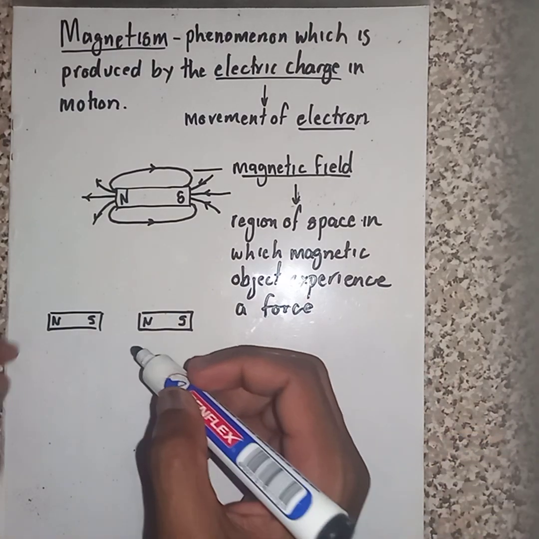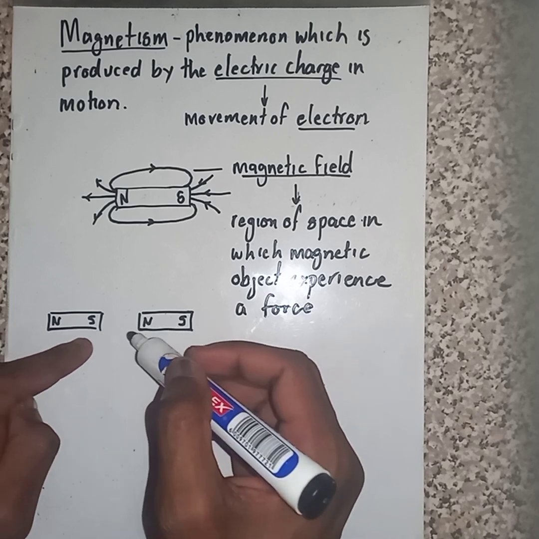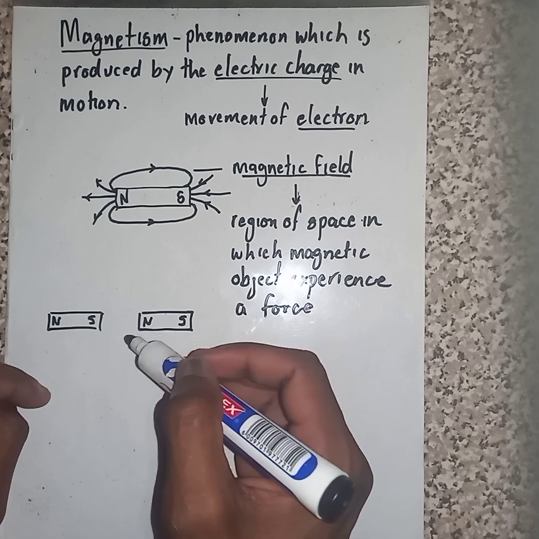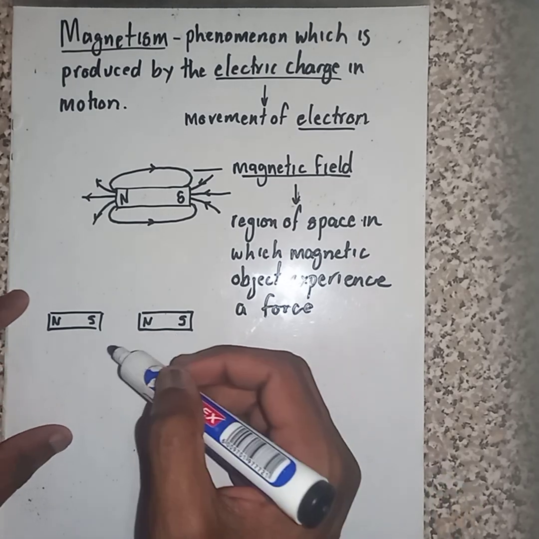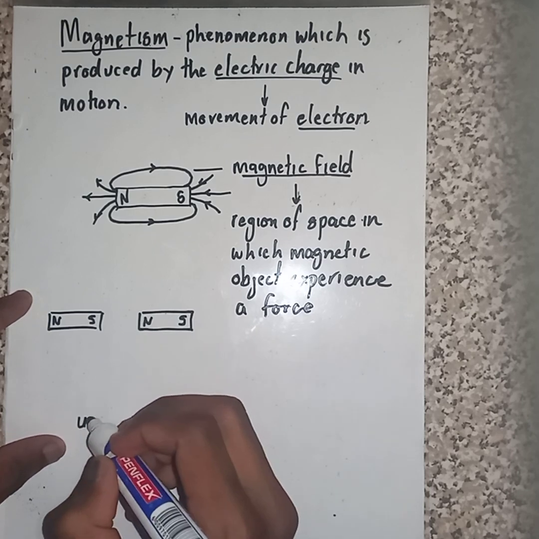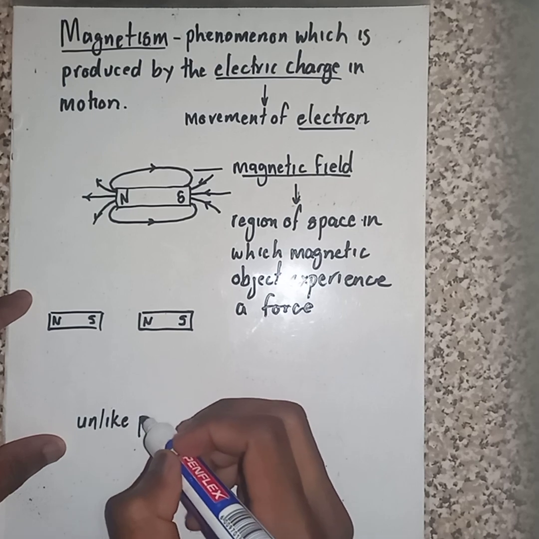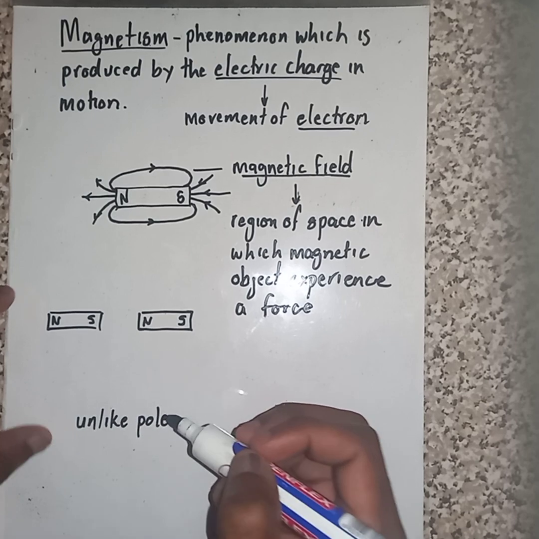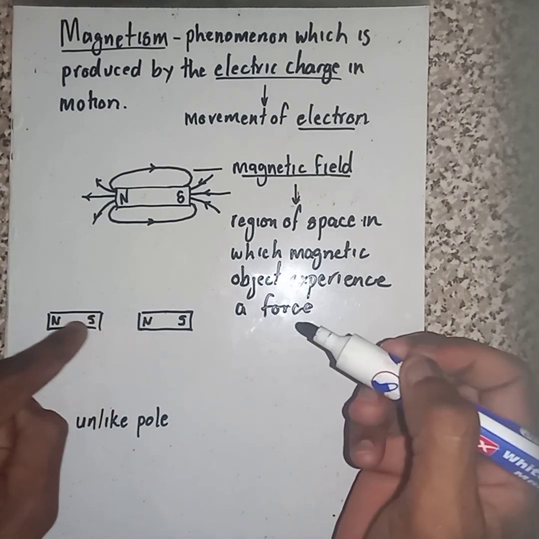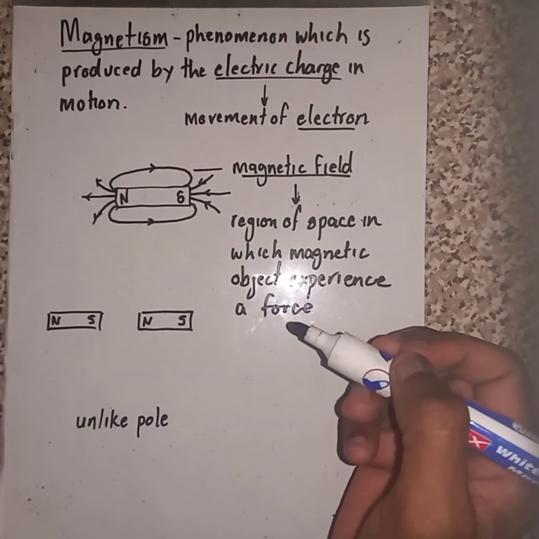Check. Now I have placed these two magnets having two poles which are opposite of one another. In this case I have two unlike poles. Let's see what is going to happen between the two, the north pole together with the south pole.